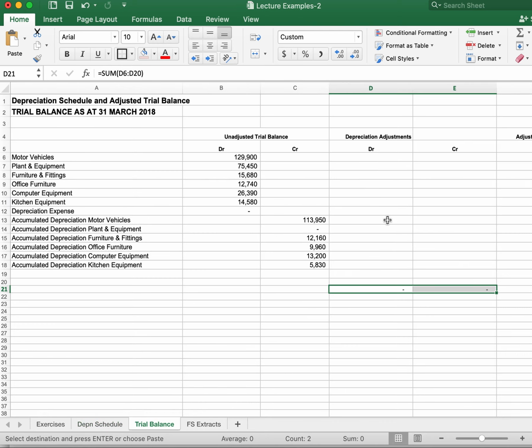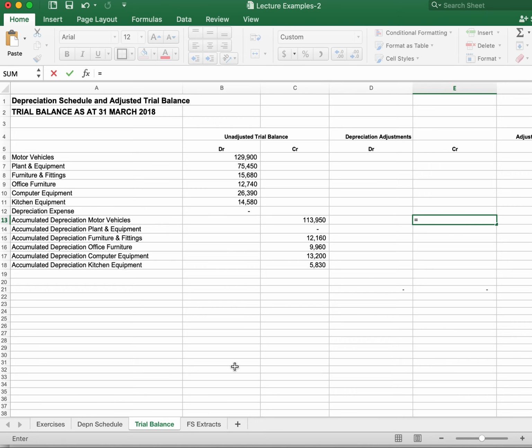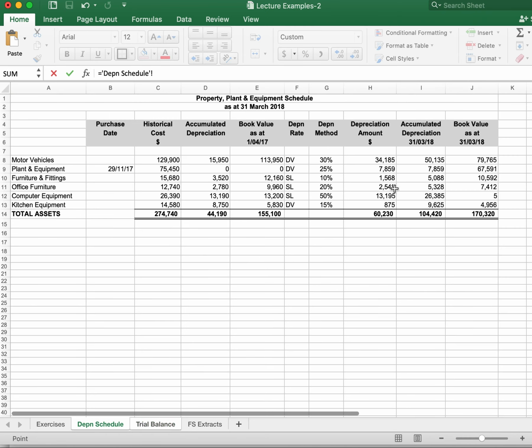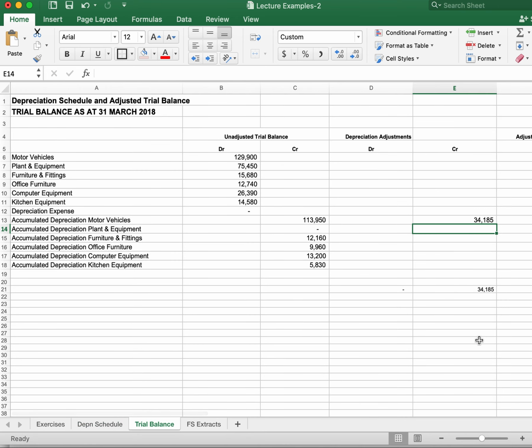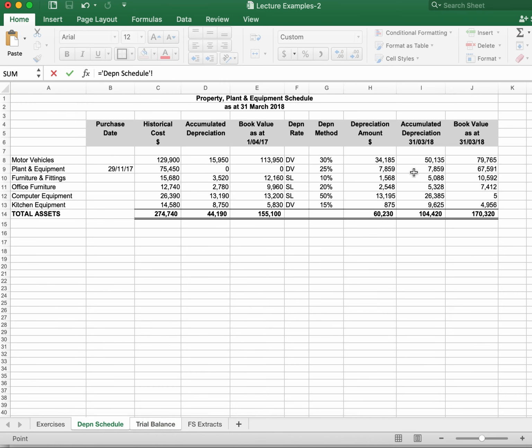So it's accumulated depreciation on the motor vehicle. I need to increase it, which is a credit. So on the motor vehicle one, it's going to increase by that amount. Okay, the same for the plant. The accumulated depreciation should increase by that one.